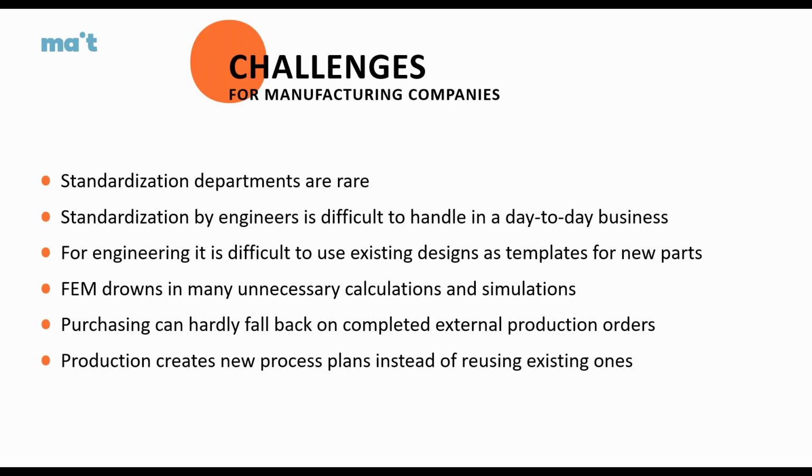And it's exactly the same in the purchasing department. They may know they have ordered a similar model in the past, but without the article number, they don't find it. So they have to figure out which manufacturer can create the model, and they have no other order to compare if the part is overpriced now.